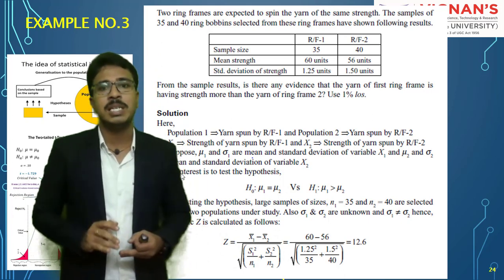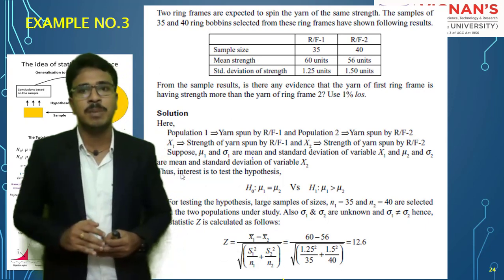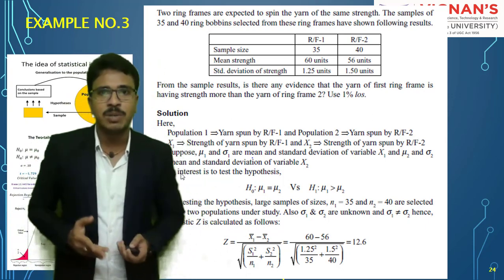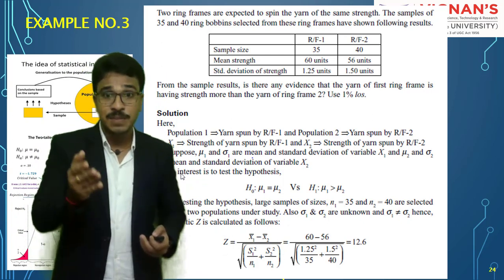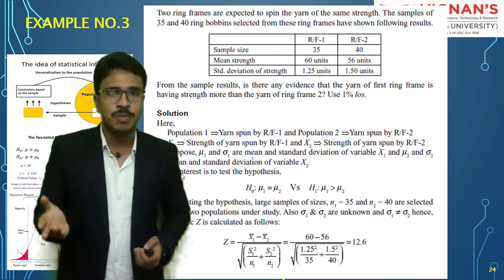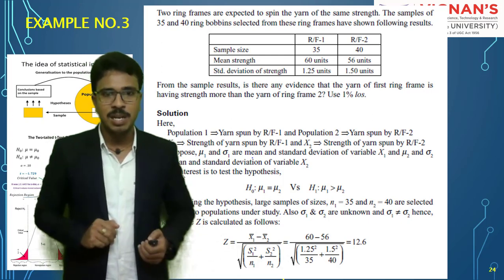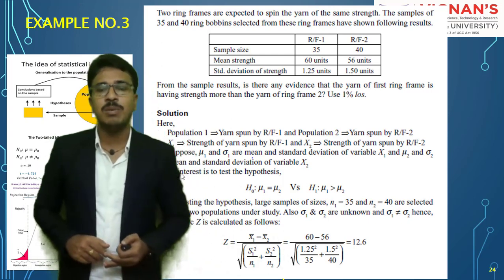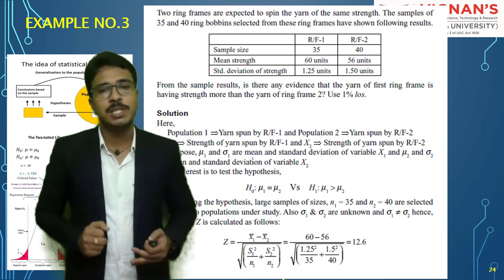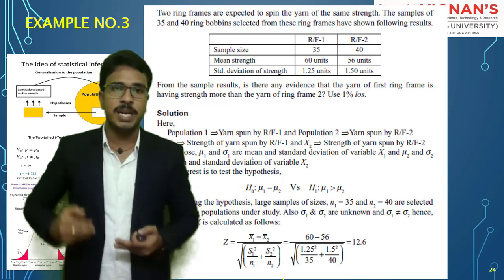Now you can see the given information in the problem, where x1 bar we know, x2 bar we know, that is the means, and s1 we know, that is the standard deviation of the sample, and s2 we know. So we can use this formula, that is z equals x1 bar minus x2 bar divided by the square root of s1 square by n1 plus s2 square by n2.